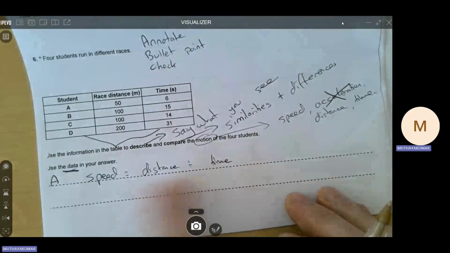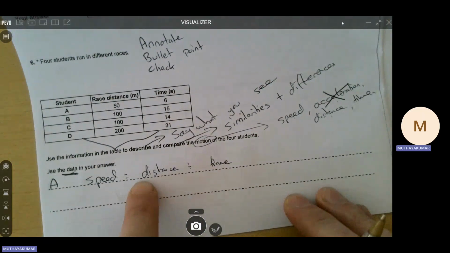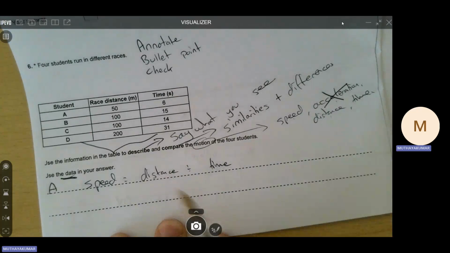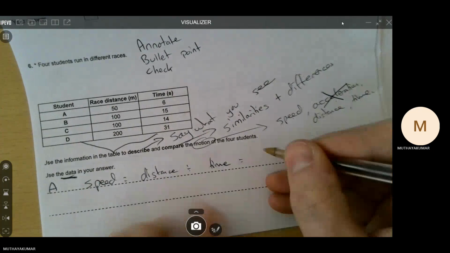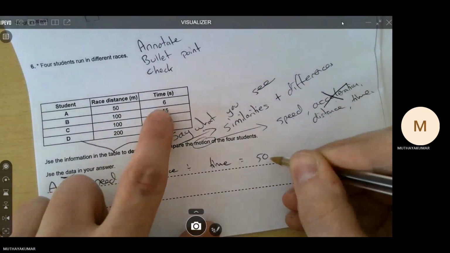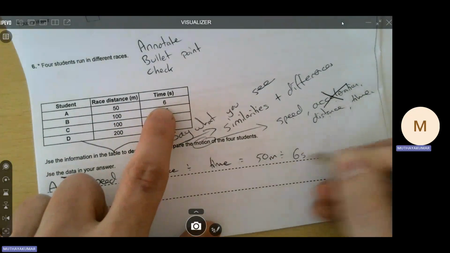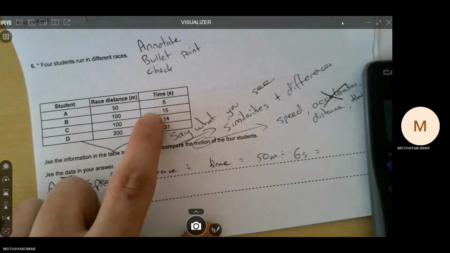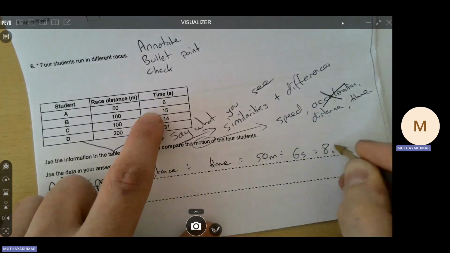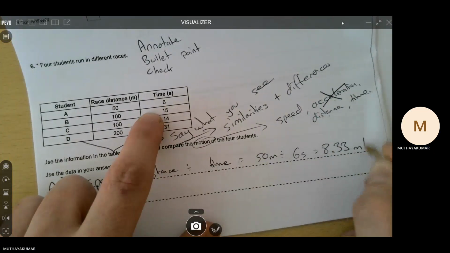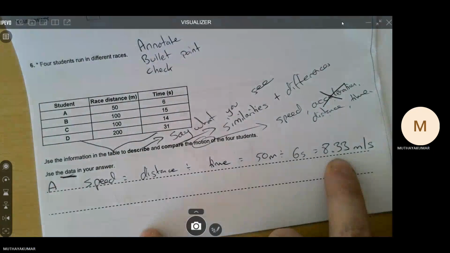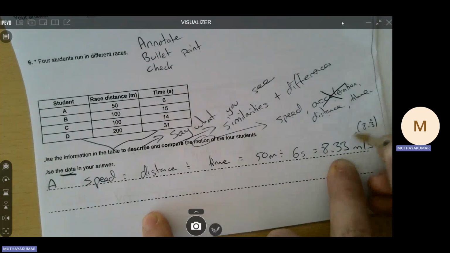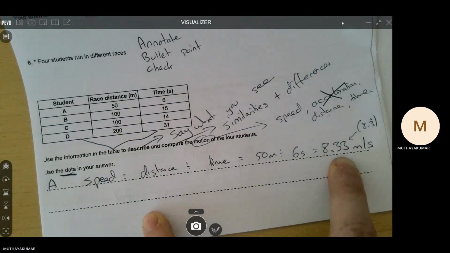I'm not going to write this out in full every single time, because I'll get a bit bored of writing it out four times, but I'm going to write it out once so the examiner knows I know how to calculate the speed. 50 meters divided by 6 seconds is 8.33 meters per second. It's actually 8.3 recurring, but I'm always going to round it to a number.